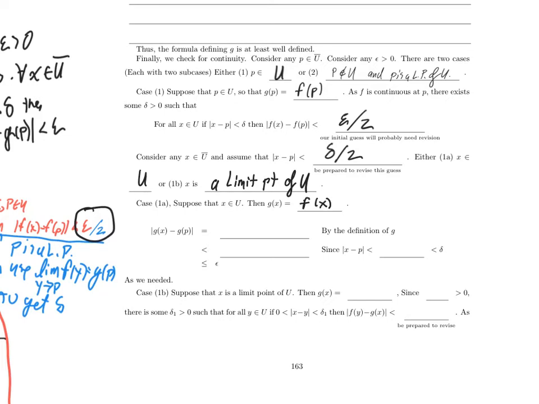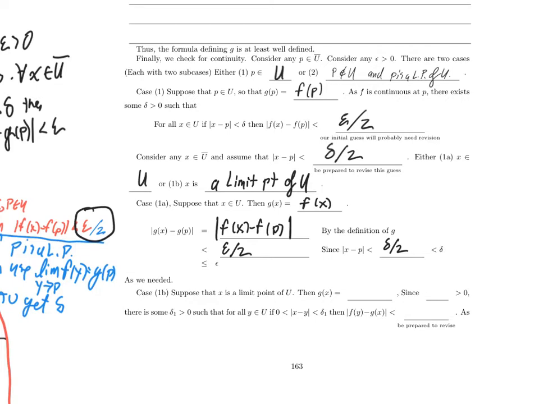So the absolute value of g of x minus g of p is the absolute value of f of x minus f of p, by the definition of g. It follows that this is less than epsilon over 2, since the absolute value of x minus p, by assumption right now, is less than delta over 2, which is less than delta. Great. So that completes the proof in the easiest of the cases.